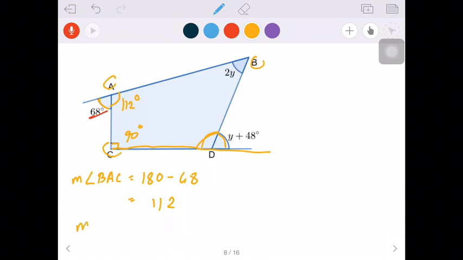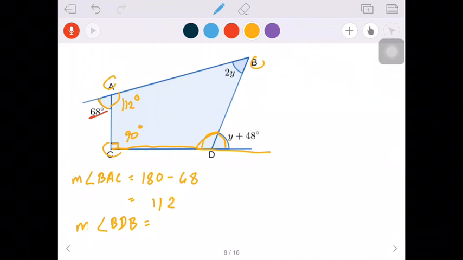That's the measure of angle BDC or CDB. So we're looking for that one. And once again, we know that it forms a linear pair with the angle y plus 48 degrees.